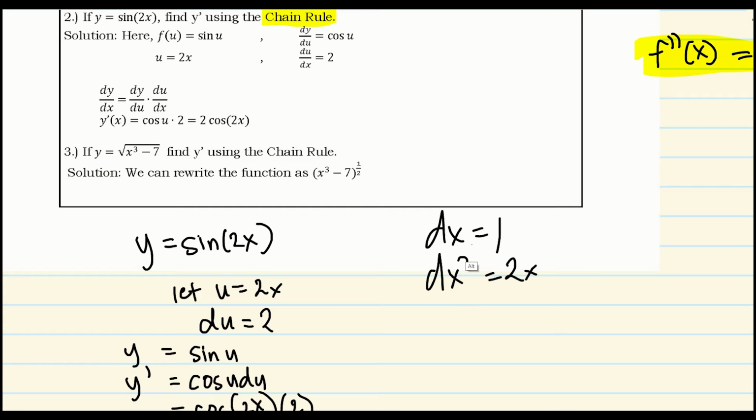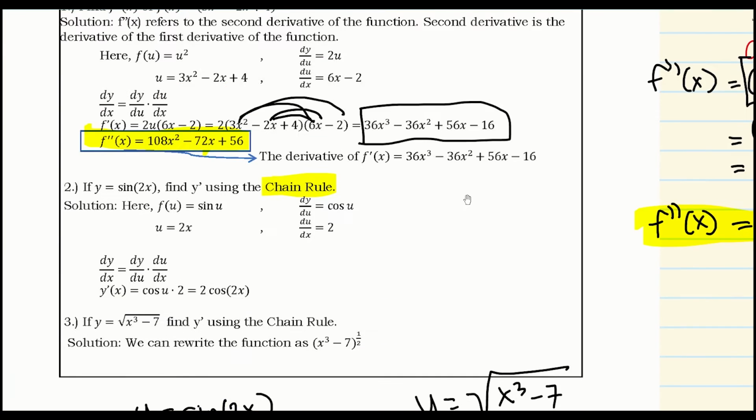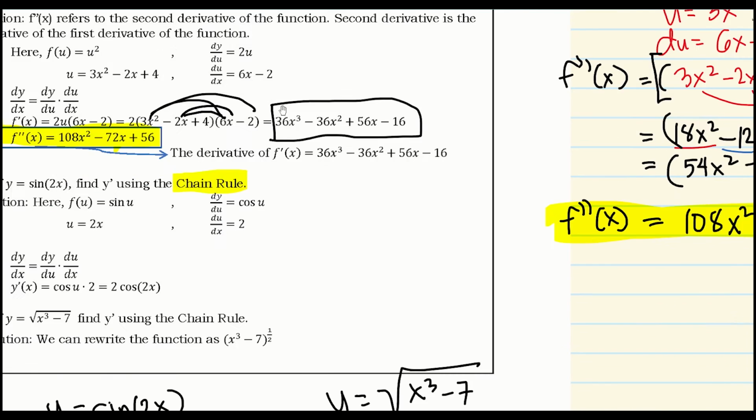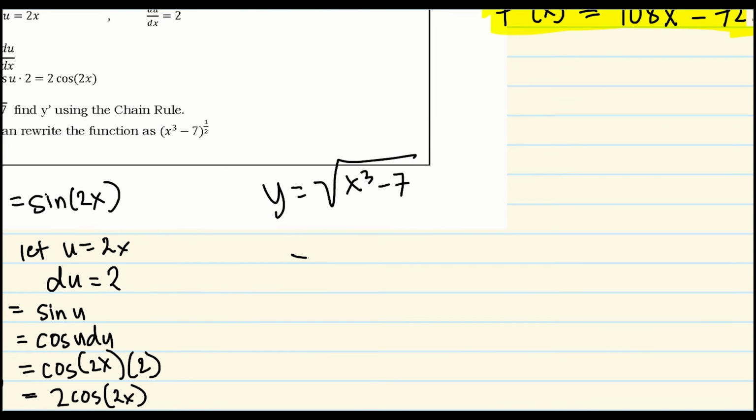Okay, so we have another example, number 3, which is y is the square root of x cubed minus 7. Just like here, we can transform that square root into an exponential function, that's to the power of 1/2.